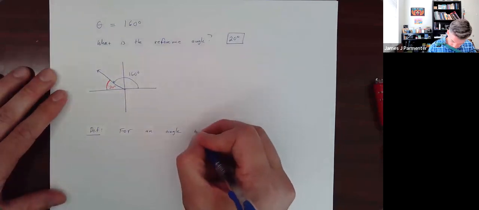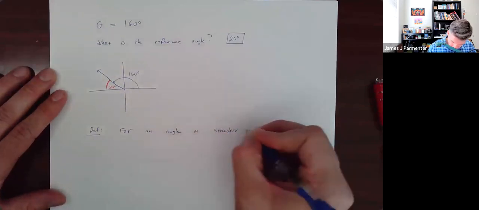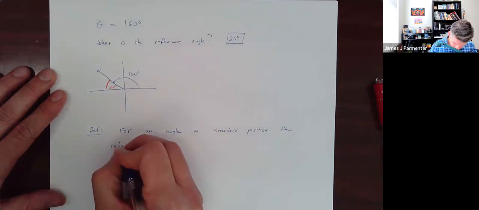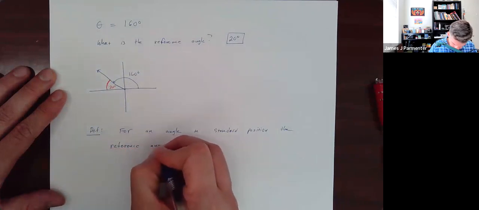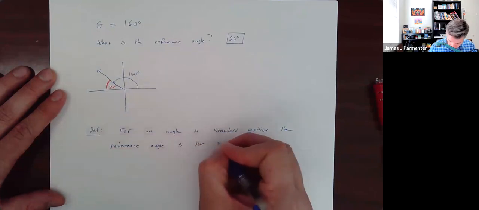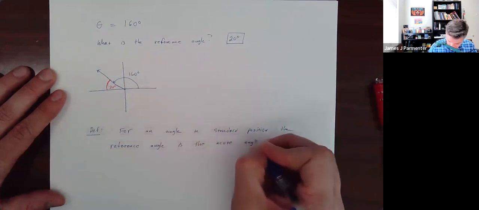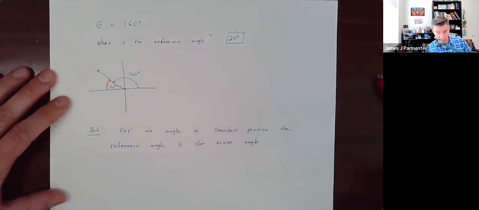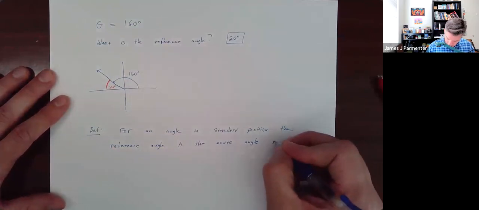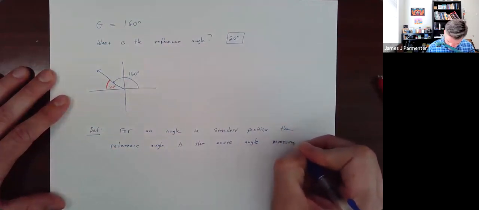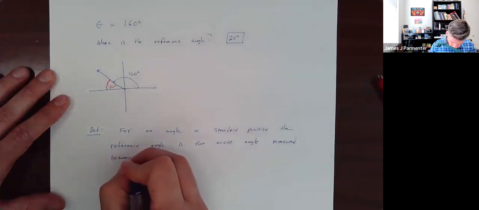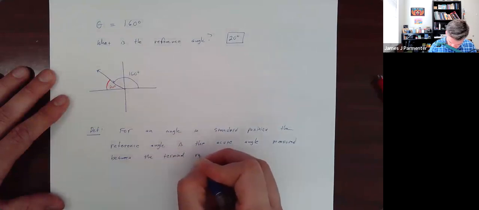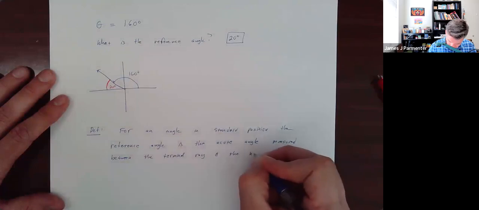So for an angle in standard position, the reference angle is the acute angle, meaning an angle that is positive, can't be zero, and strictly less than 90 degrees, can't actually be equal to 90 degrees, measured between the terminal ray and the nearest x-axis.